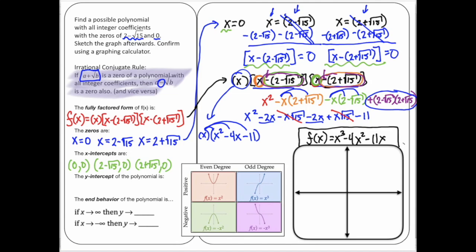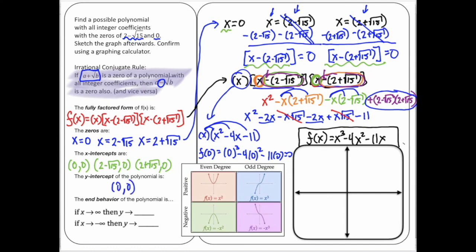Okay, so there's the x-intercepts. And then the y-intercept, I'm just going to plug it into our standard form. And so we would have f of 0, 0 cubed, and I think some of you already know where this is going here, but I just like to show all the process. 11 times 0, so we're just going to get a 0 out, so that's 0, 0.